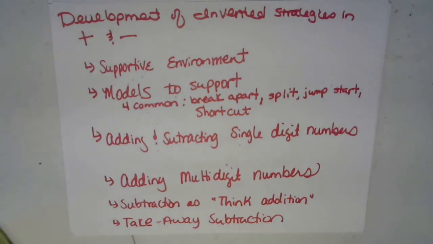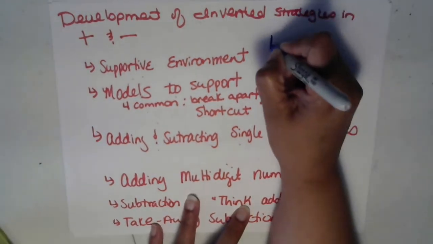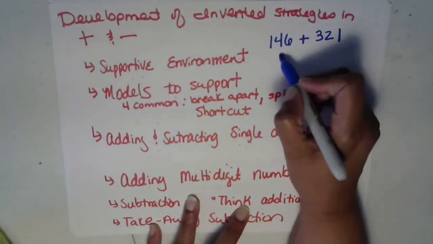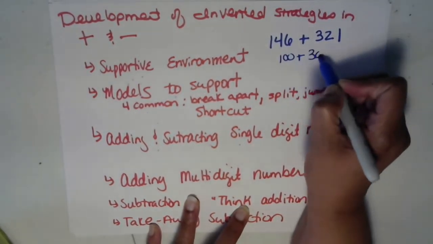So the break apart strategy for a problem such as 146 plus 321 uses students' understanding of place value to start with the first number. So they're going to add 100 to 300.